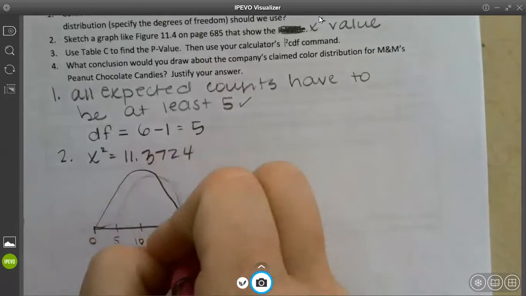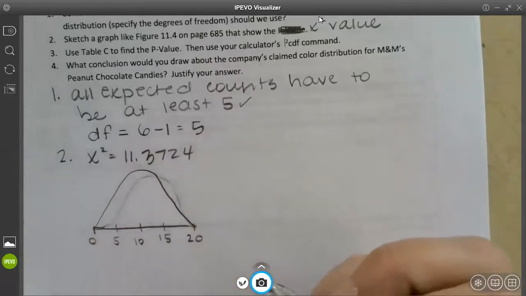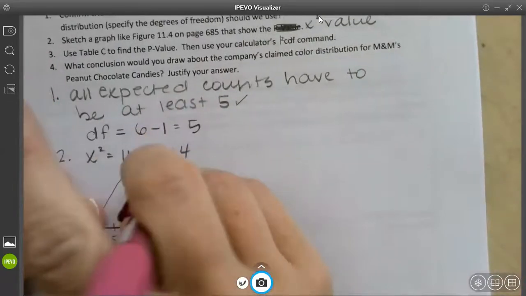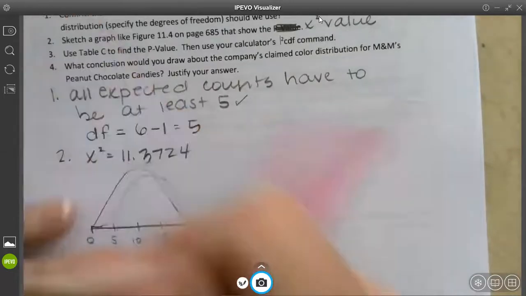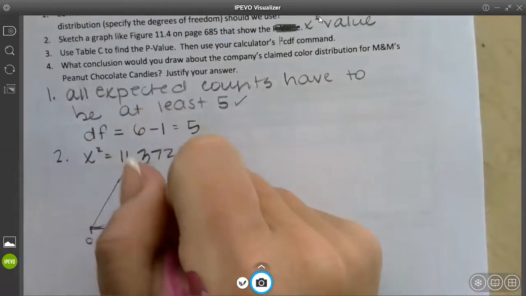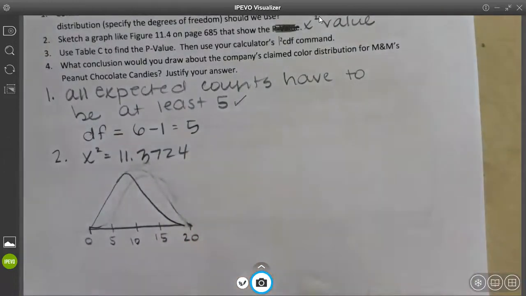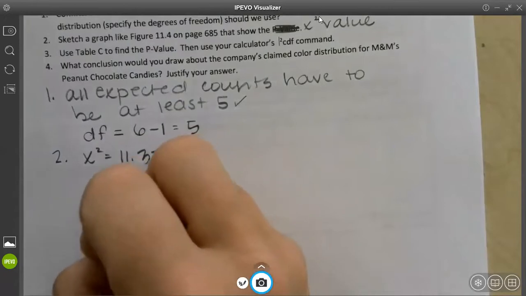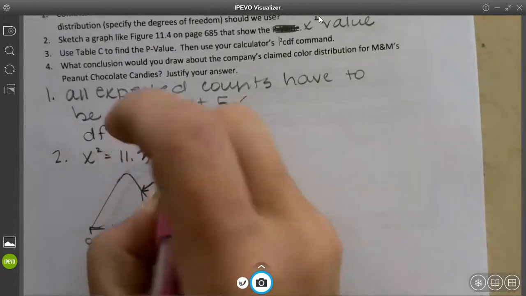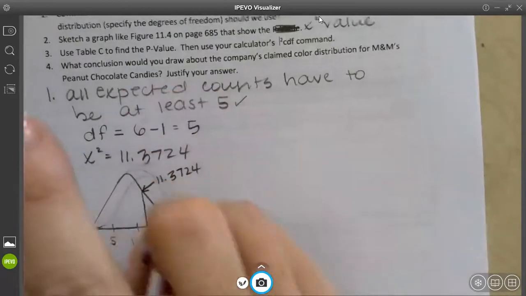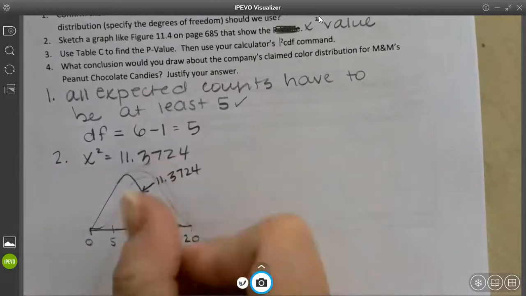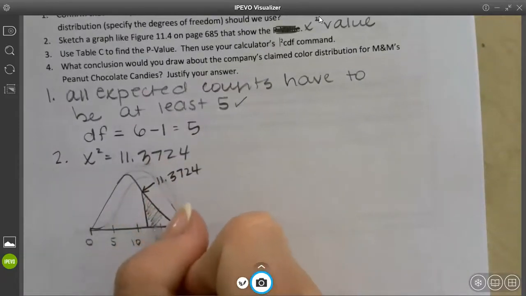Remember they said it was going to be right skewed. Okay, so mine is not very good. I'll try to fix it. I'm really bad at drawing skewed curves. Maybe that's a little better. It still kind of looks the same. And then we want to plot where 11.3724 would be. And again, as long as you make it close, it's not going to hurt anything. And then we want the right side.